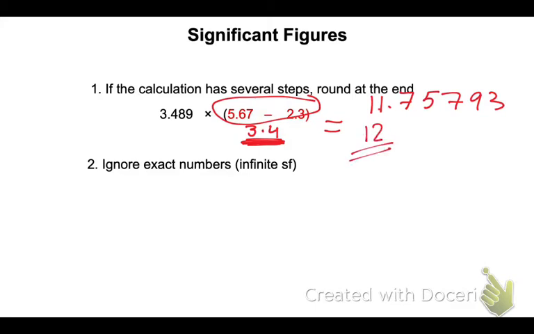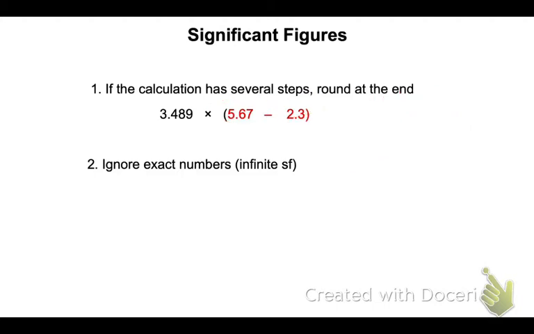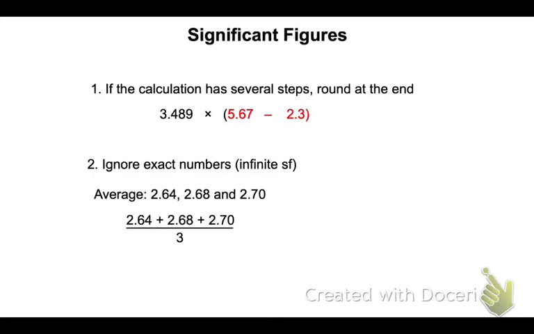Okay. Now let's look at the next example and see what we are going to learn in this. What if I ask you to calculate the average of the following 3 measurements? Then this is what you're going to do. You're going to add them up and divide by the total number of measurements. Now, if you do the addition, which you should do first, right?